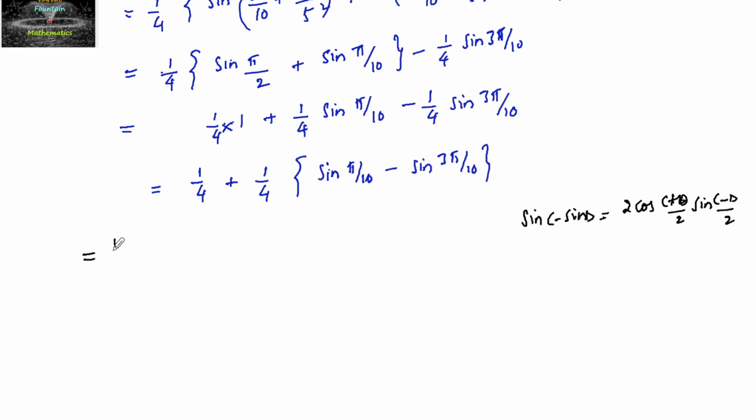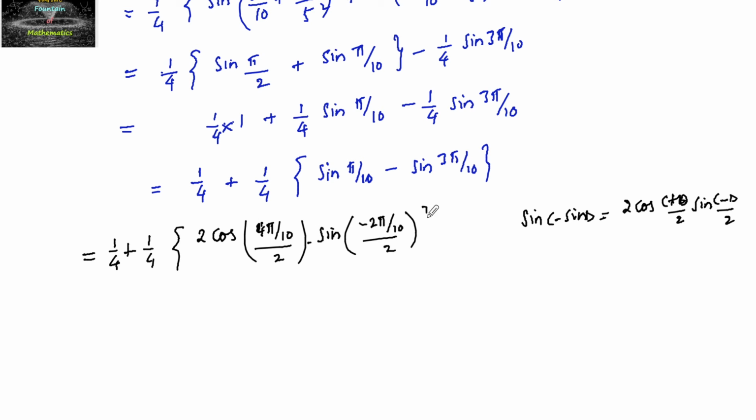So we can write here 1 upon 4 plus 1 upon 4 times 2 cos of C plus D by 2, that is pi by 10 plus 3 pi by 10, that is 4 pi by 10 divided by 2, into sin of pi by 10 minus 3 pi by 10, that is minus 2 pi by 10 divided by 2.